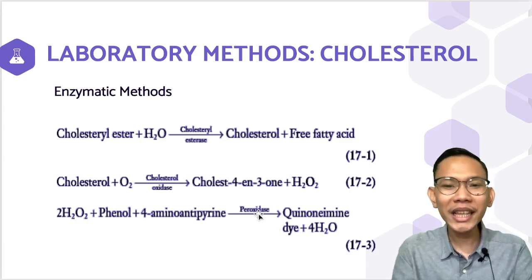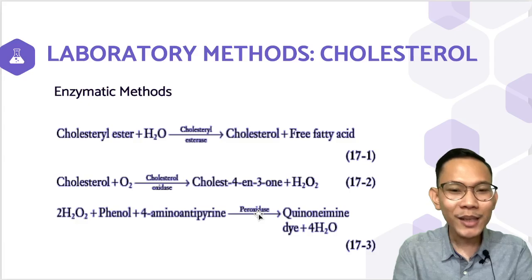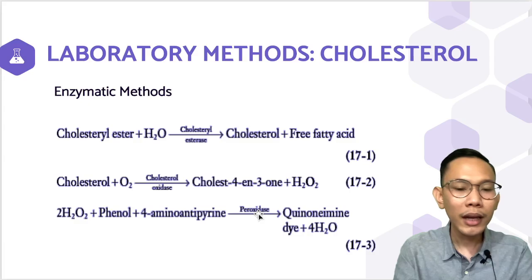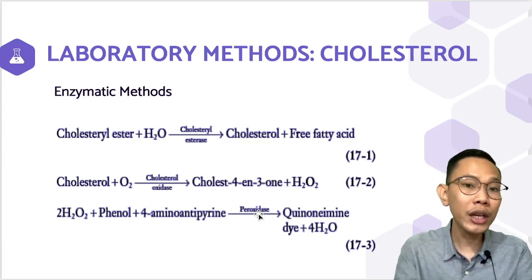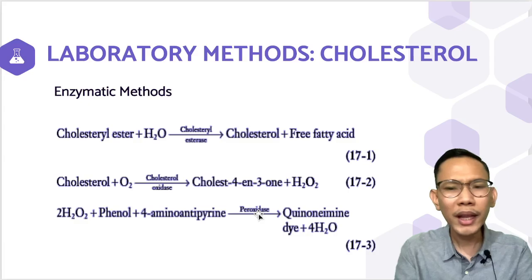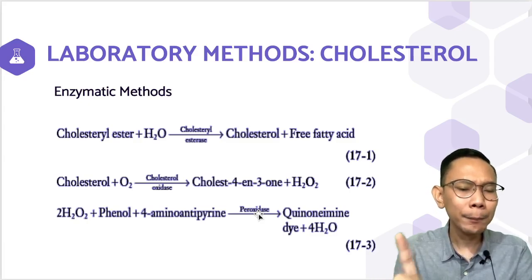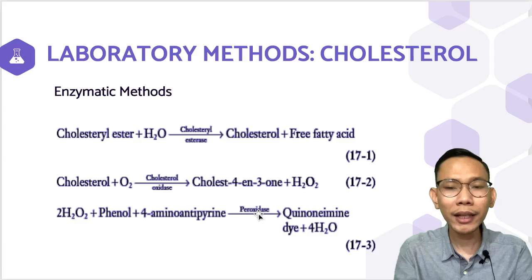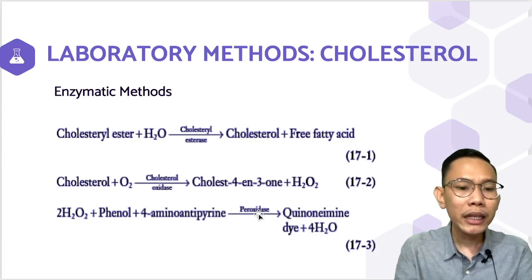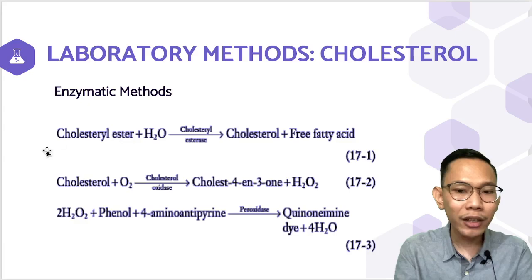So, what are the interfering substances? We have many interfering substances. It can be plant sterol, ascorbic acid, bilirubin, sample turbidity, as well as high levels of hemoglobin. How do the ascorbic acid and bilirubin interfere? It is by consuming your hydrogen peroxide.